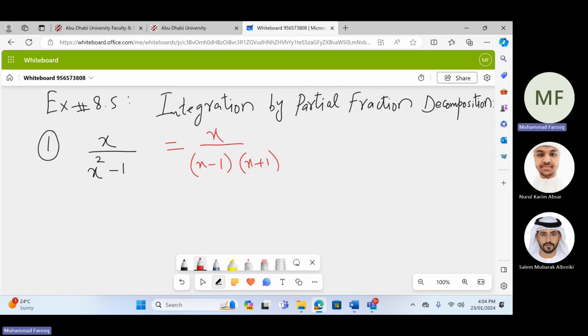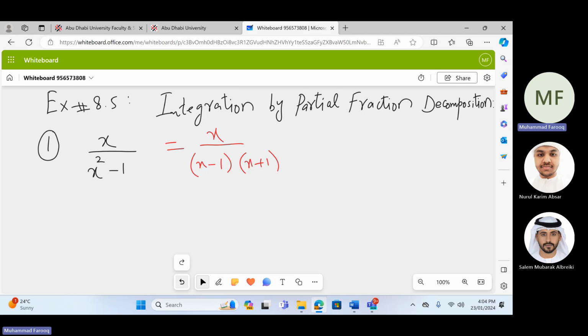The x has power 1. And quadratic means the power is 2. Right now, if you look at the first factor, x has power 1, so is it linear or quadratic? Linear. And the second factor? Linear.